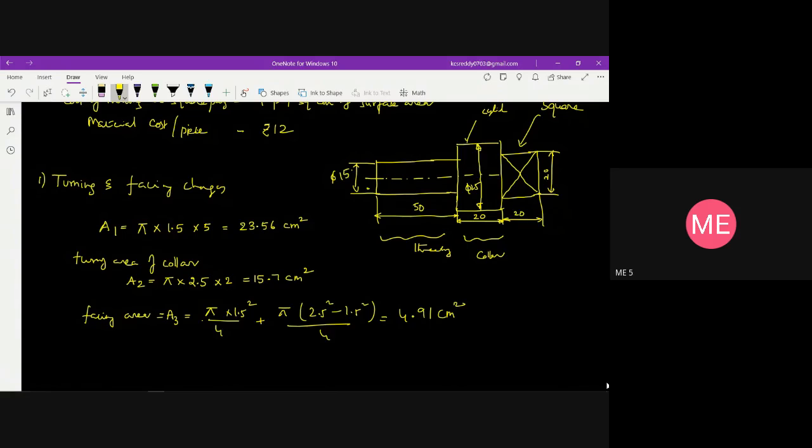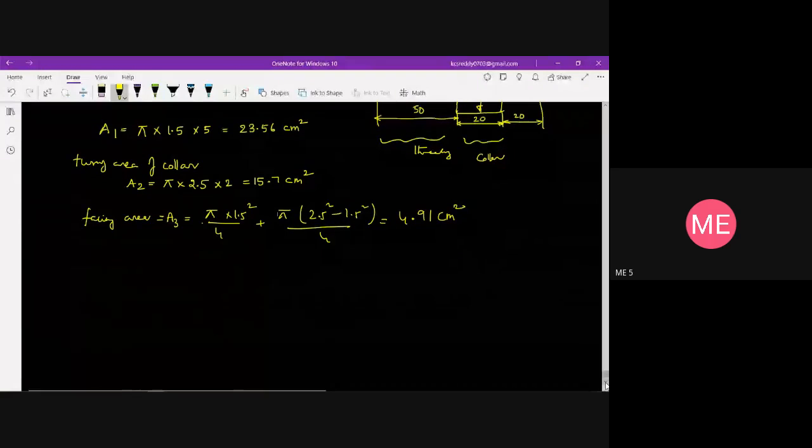So these are the three areas we have found out.